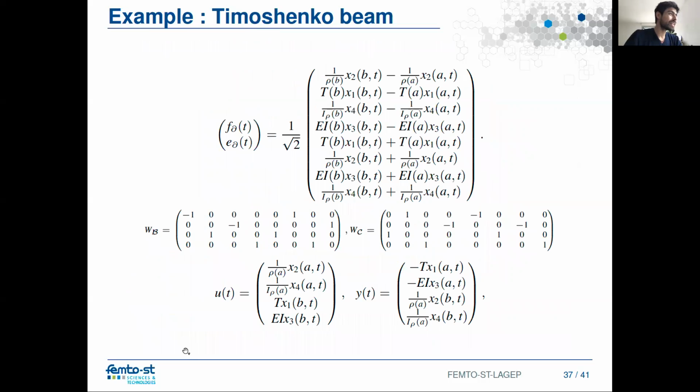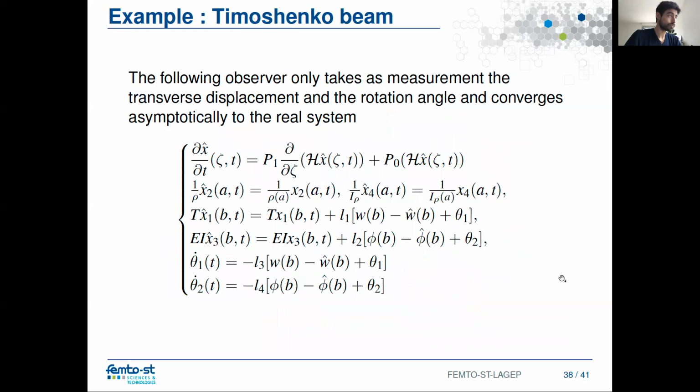So we define the boundary port variables, then we characterize with these matrices the input and output, and they are conjugated. So the following observer can estimate the real values asymptotically. So here you have the PDE. We have two boundary conditions that are exactly the same as the real system.